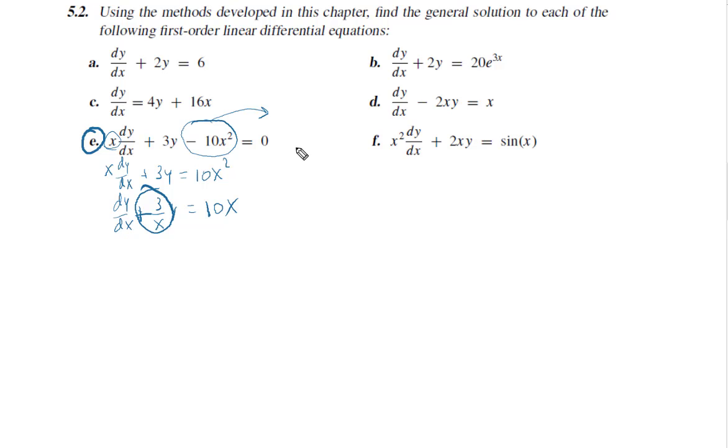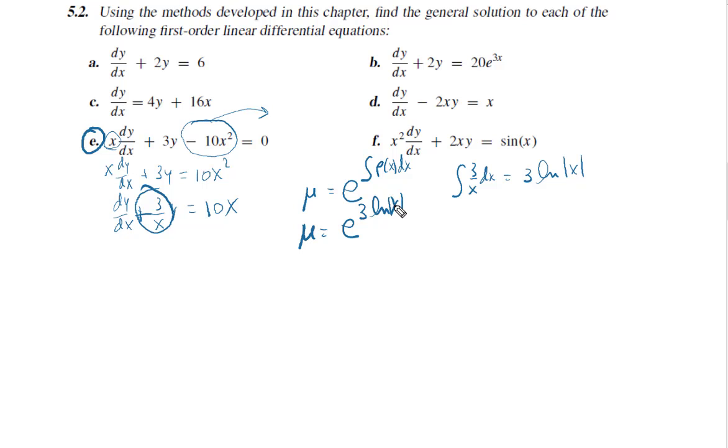And our integrating factor then, which we call by the Greek letter mu, is e to the integral of p dx, where p is 3 over x. So here, the integral of 3 over x comes out to be a 3 ln x. We don't need the plus c. And so our integrating factor would be e to the 3 ln x.